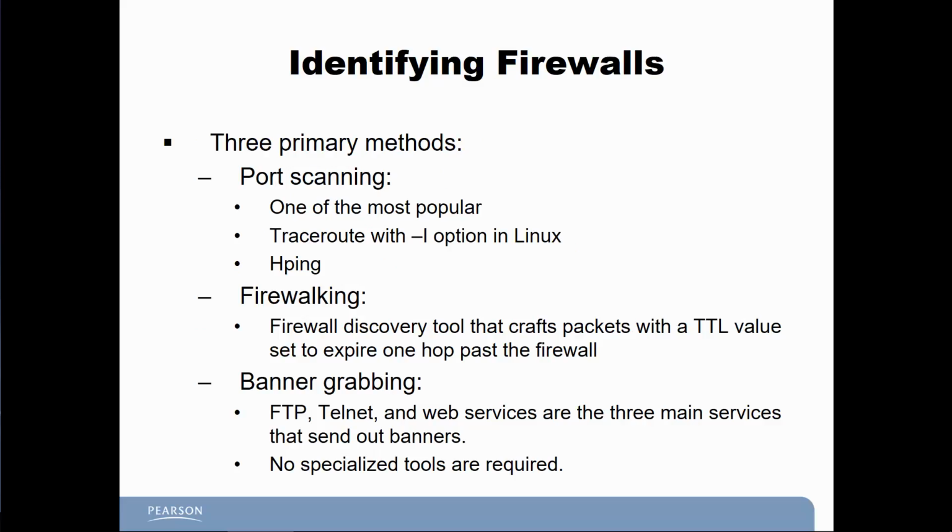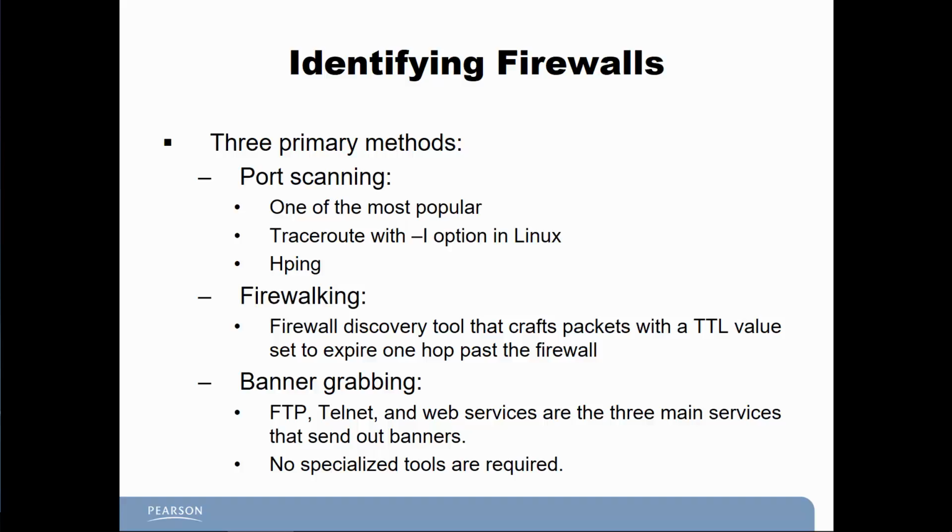Identifying firewalls. There are three primary methods: port scanning, firewalking, and banner grabbing. Essentially, port scanning is going to be one of the most common ones. Firewalking uses firewall discovery tools that craft packets with a TTL, so that we can see the hops past the firewall.